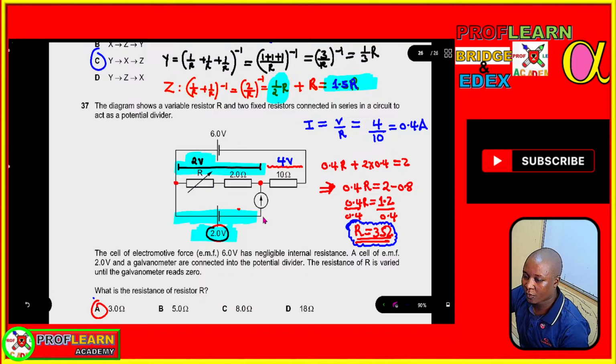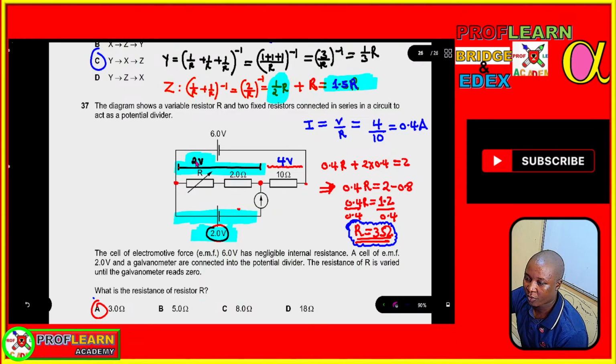because this is 2 volts, for it to read 0 as I've mentioned, the potential drop between this point and this point should be 2 volts as well. But if this is 2 volts here, the entire wire along this part should have 6 volts.